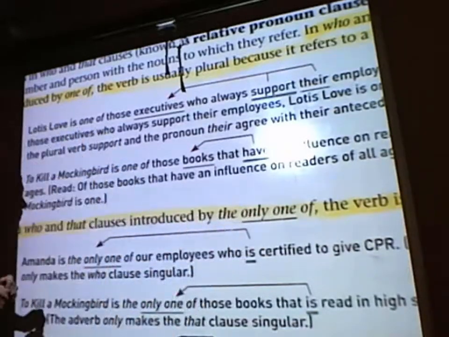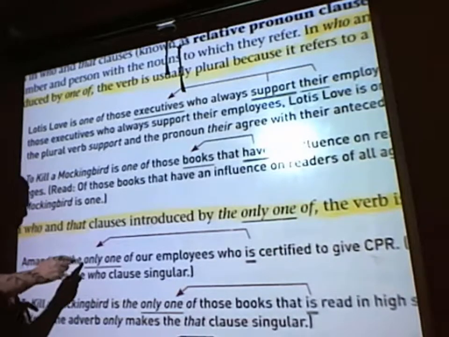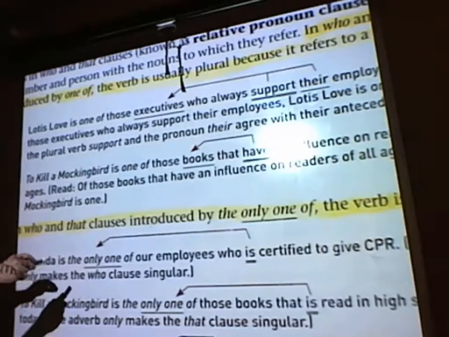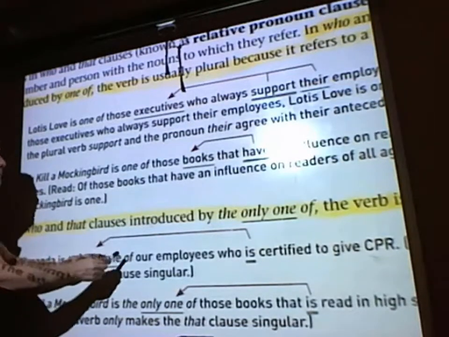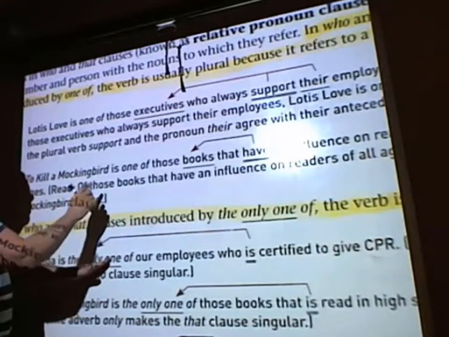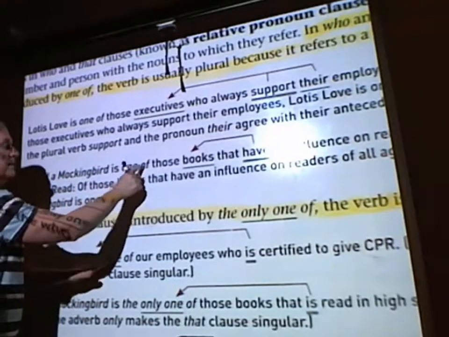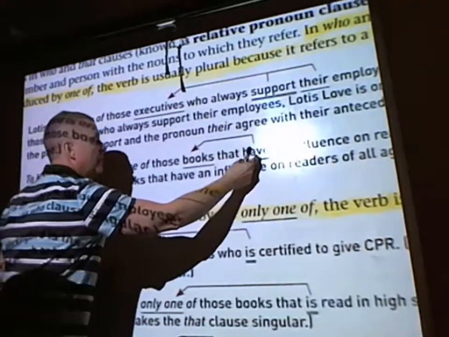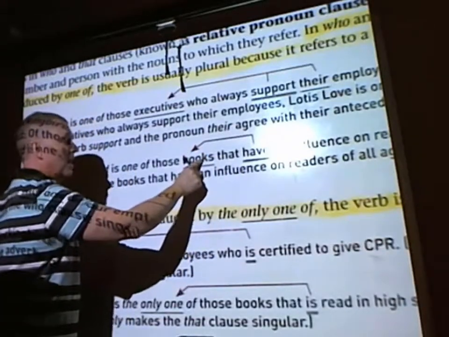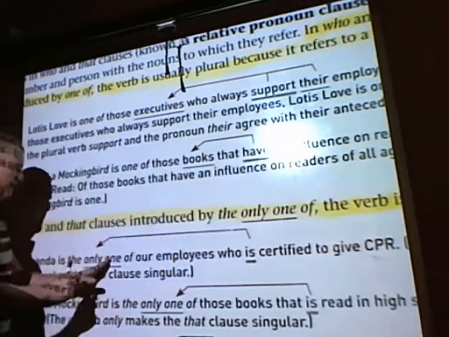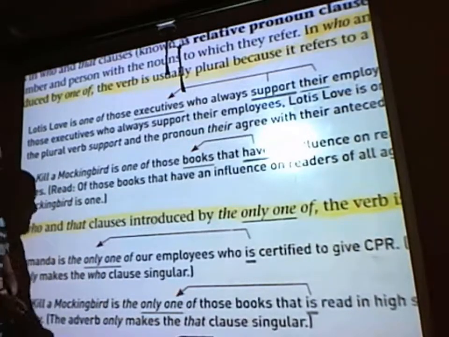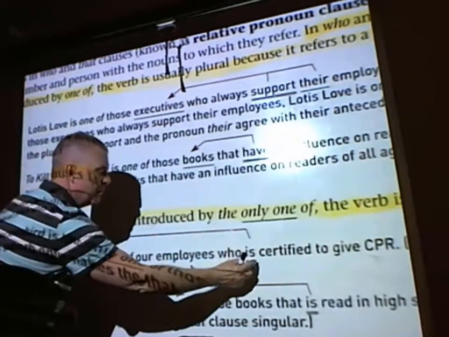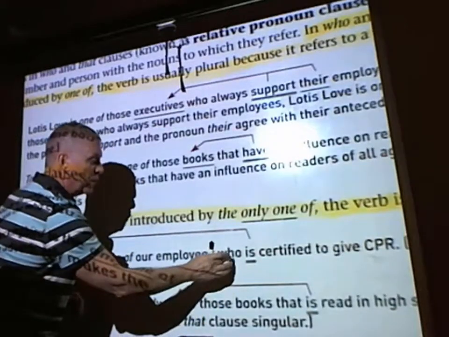Before we had one of, and so that made the verb associated with the noun of that clause plural. Now we add the word only, which usually means singular. So the verb associated with the that or who clause becomes singular because of the word only in that particular case.